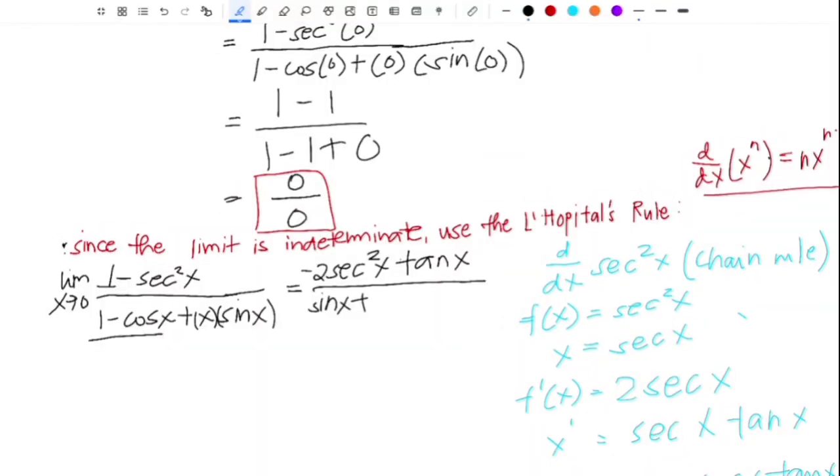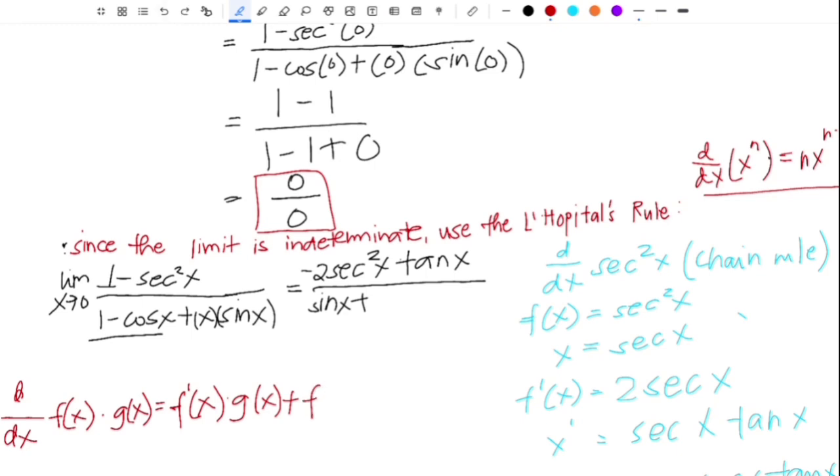Let's write it down for clarification: the derivative of f of x times g of x is equal to the derivative of f of x multiplied by g of x, plus our f of x multiplied by the derivative of our g of x.